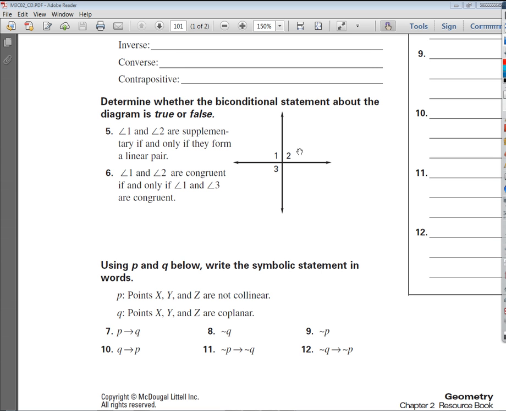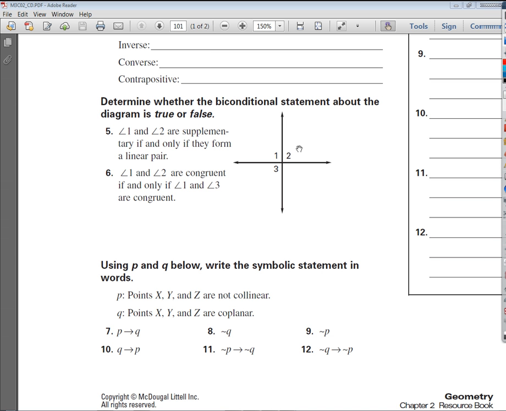The argument is exactly the same, isn't it? If 1 and 3 are congruent, then we know both of those must be right angles, and therefore so must angle 2. Does that make sense? I'm looking ahead quite a bit here in geometry, but I want you to logically think about this for a second.